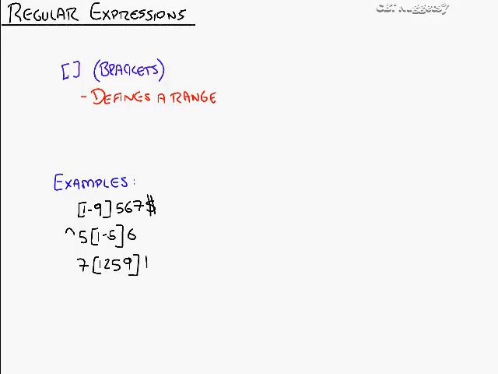The final regular expression wildcard that I want to talk about is the brackets. By the way, the underscore can also match a bracket, and that's why I wanted to wait on saying that until I got to here, because the brackets define a range. Here's the idea. We could put 1 through 9, 5, 6, 7, and what this would match is any autonomous system that was 1, 5, 6, 7, or ending with 1, 5, 6, 7, 2, 5, 6, 7, and so on, all the way up to 9.